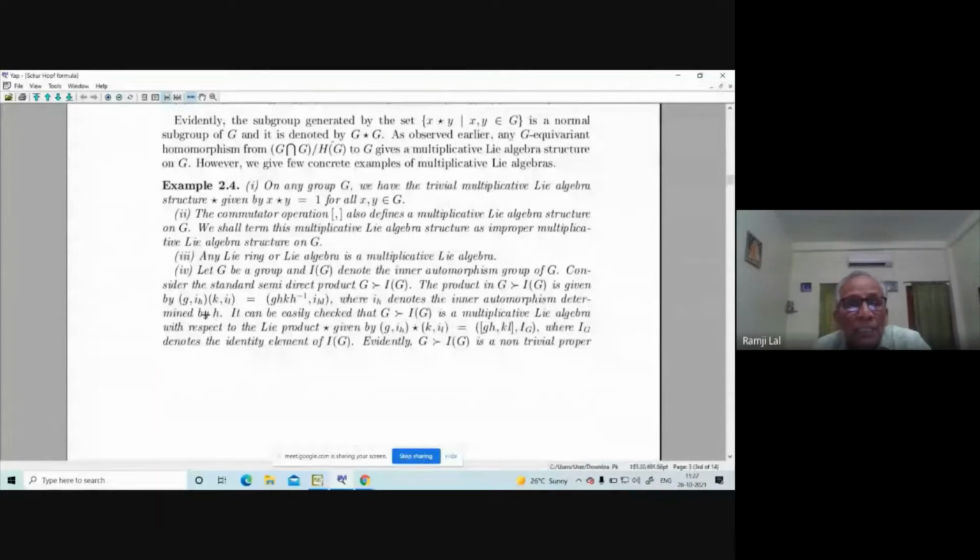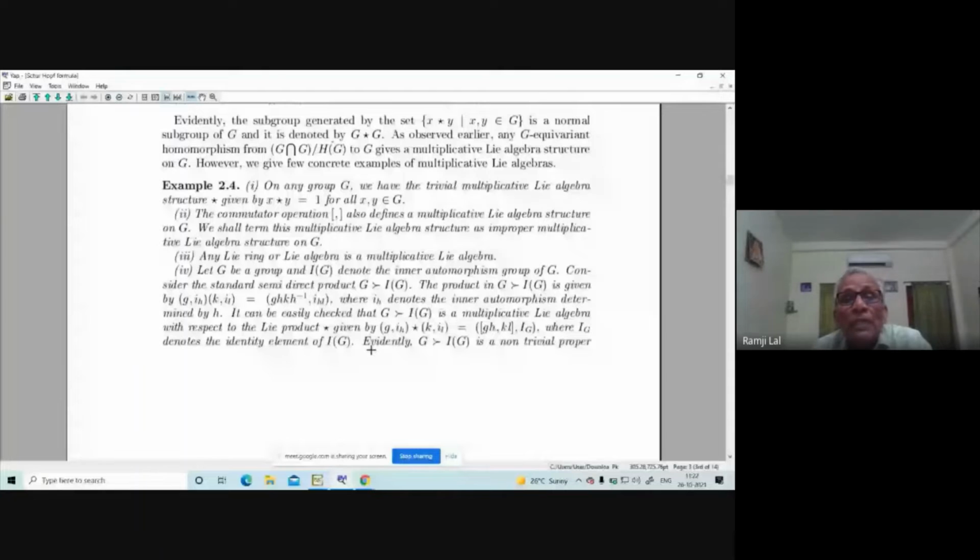The inner automorphism determined by H, and I_K the inner automorphism determined by K, and the product is defined accordingly, where I_H denotes the inner automorphism determined by H. It can be easily checked that this is a multiplicative Lie algebra with respect to the Lie product, where I(G) denotes the inner automorphism group. So this is a Lie algebra.